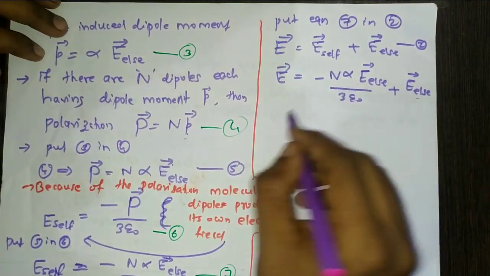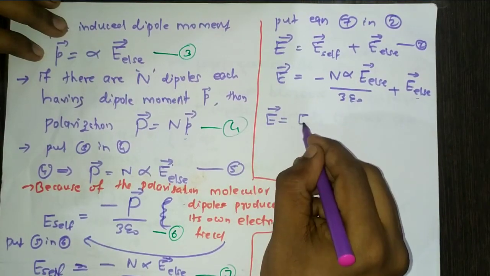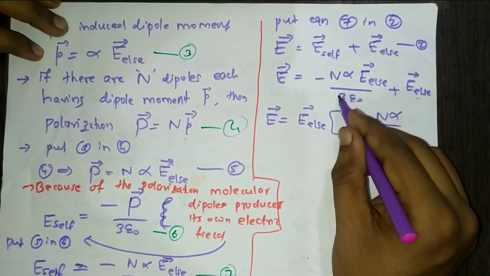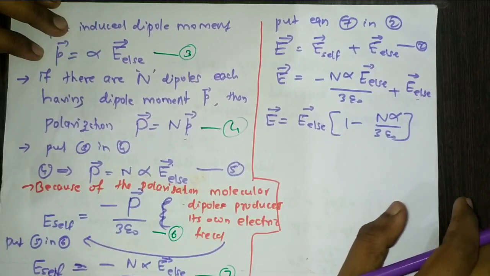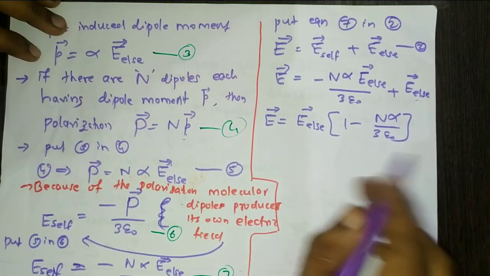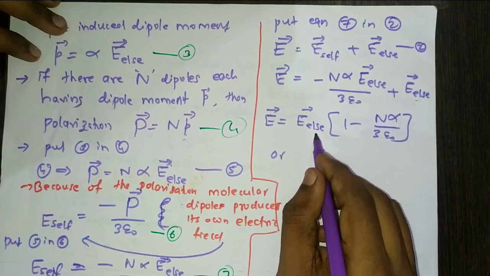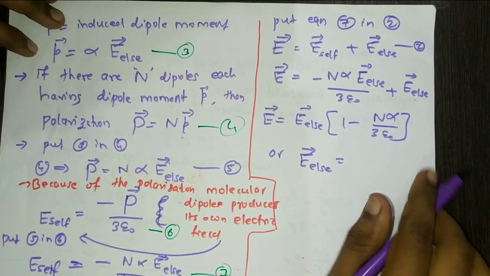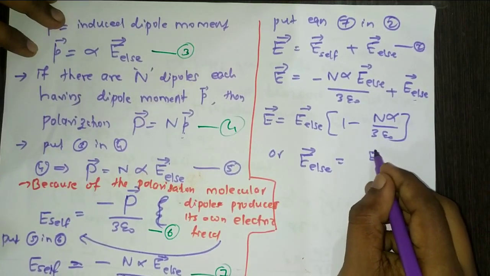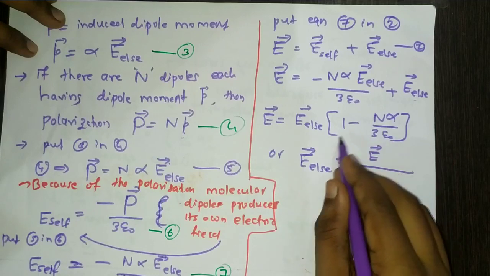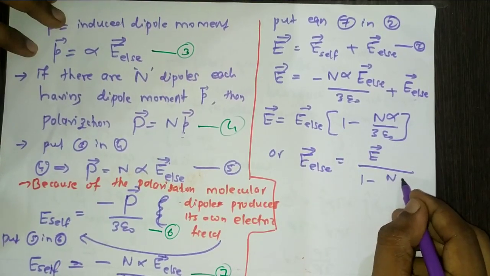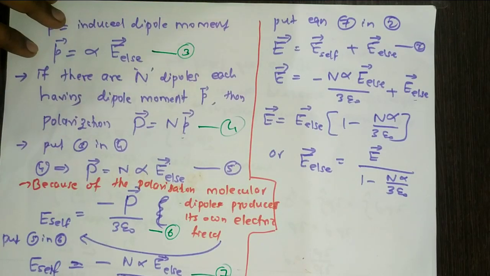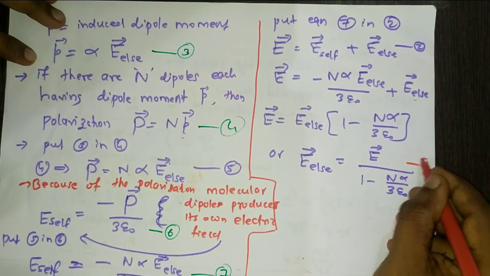Okay, I can take E_l outside: E_l times 1 minus n alpha divided by 3 epsilon 0. Or I can write E_l, that is a macroscopic field, E divided by, bring to the left side, 1 minus n alpha divided by 3 epsilon 0. Okay, this is equation number 8.